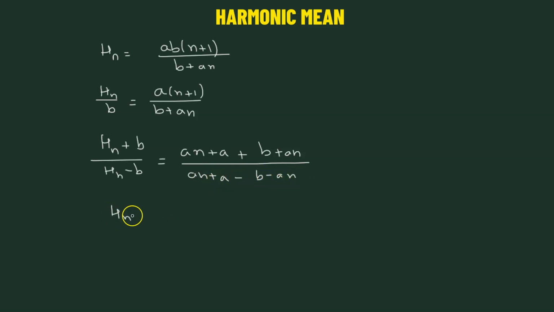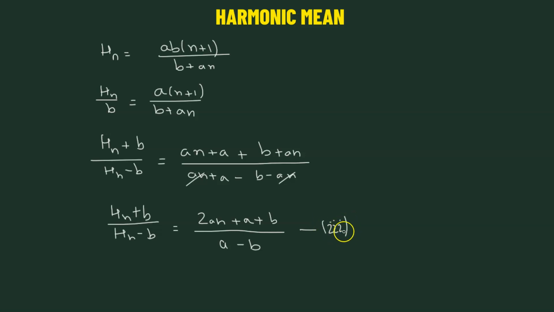So what that gives us: hn plus b divided by hn minus b will be equal to 2 times an plus a plus b divided by, so an and negative an go away, so we have a minus b. Fine, so now we're going to label this as number 3.